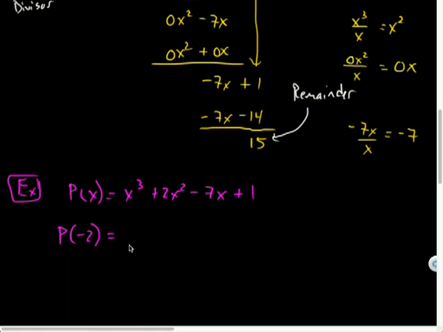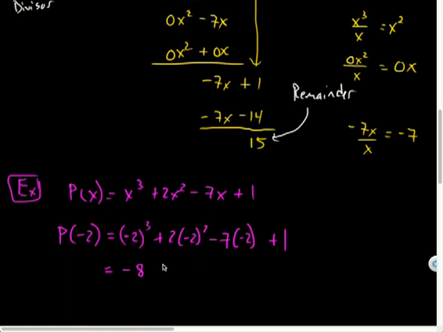I think this is all non-calculator math here. Let's see what we got. So negative 2 cubed plus 2 times negative 2 squared minus 7 times negative 2 plus 1. What's negative 2 cubed? 8. No. Yeah, negative 8. A negative raised to an odd power maintains its negativity.